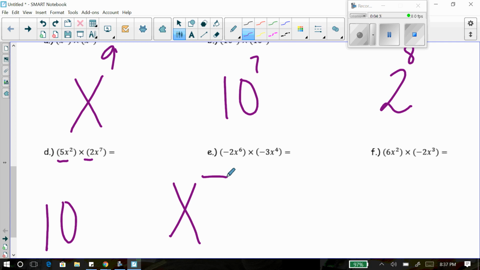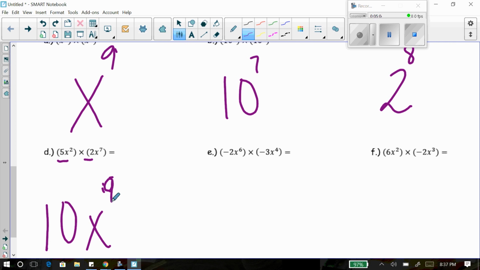So in this case, 5 and 2 are not being raised to the exponent. The x's have the exponents with them, and the x's are the same base. So we keep the base, add exponents. 2 plus 7 is 9. So again, only the x's are being raised to an exponent, not the 2, not the 5.